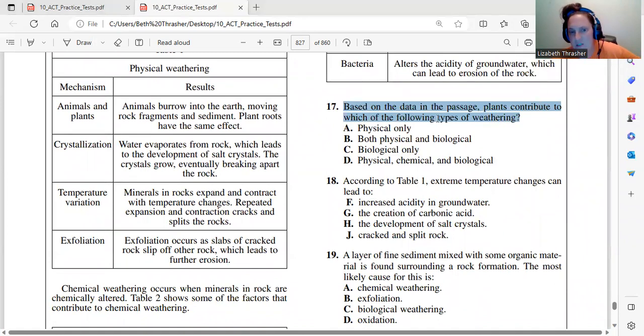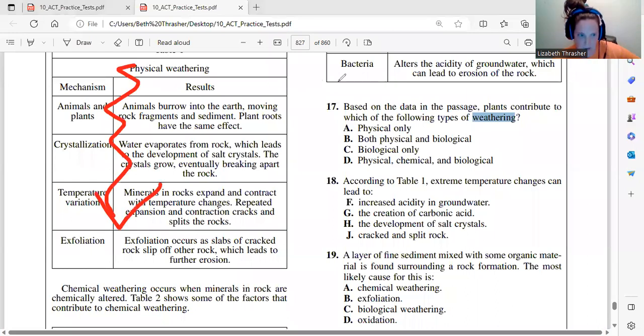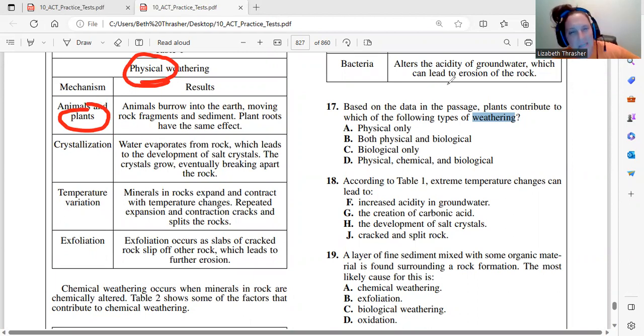If I'm pre-reading this question, I'm looking for where plants contribute to weathering. So I'm going to start looking through here for plants. And this jumps out at me: physical weathering. But be careful. You don't want to just say, oh, it's physical only.